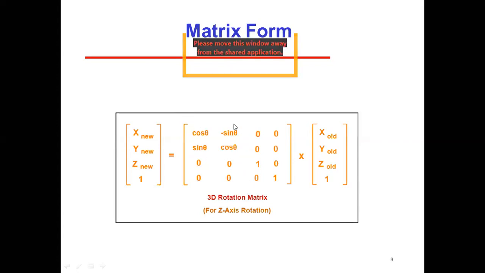We replace the values here and then multiply this 4 by 4 matrix easily. This row multiplied by this column. Again this row multiplied by this column. This row, completely 0, multiplied by this one, 0 multiplied by this one, 1 multiplied by z old, 0 multiplied by this. And similarly the last row multiplied by this column.